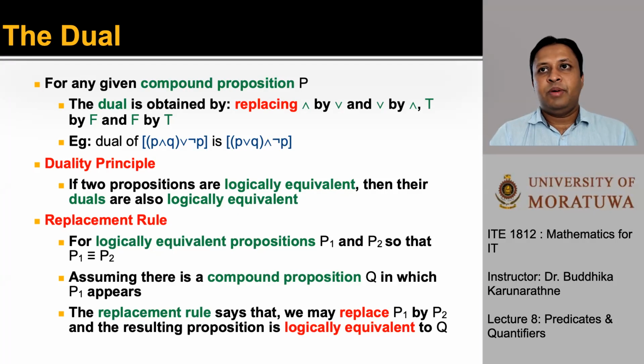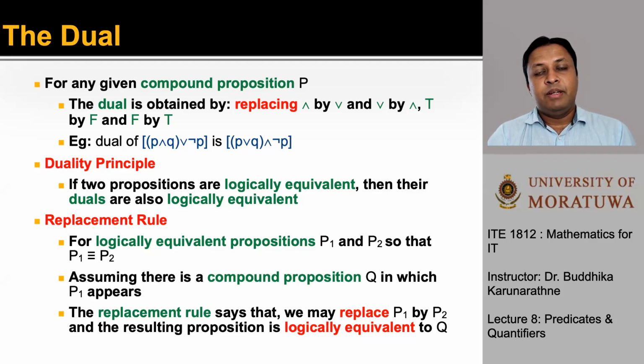And next is the duality principle. If two propositions are logically equivalent, then their duals are also logically equivalent. So that is the duality principle. And next is the replacement rule.